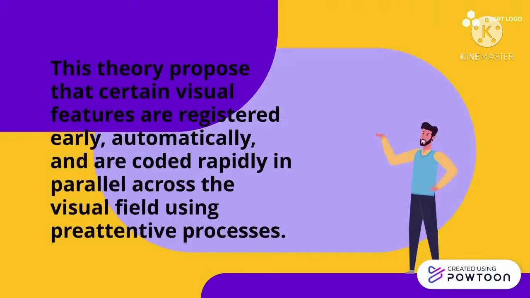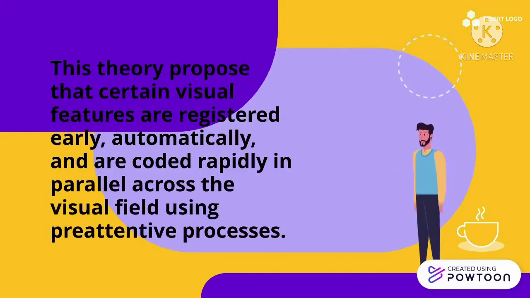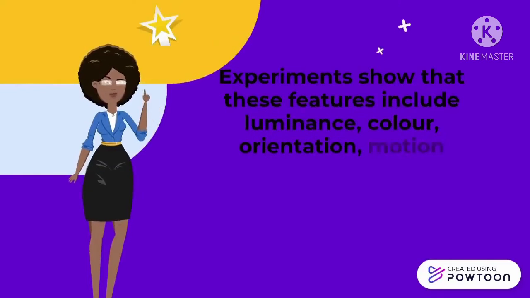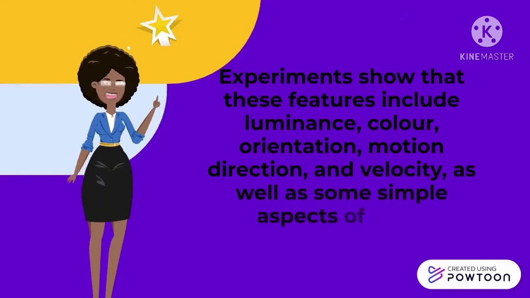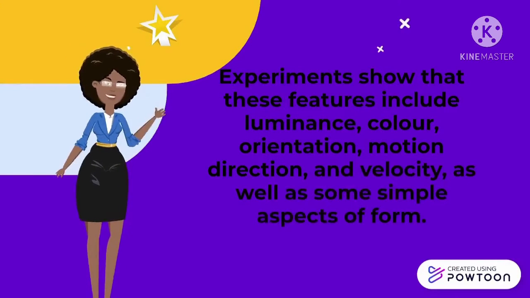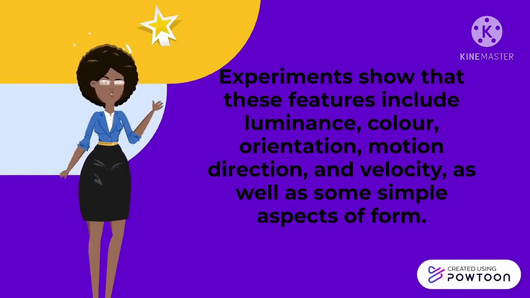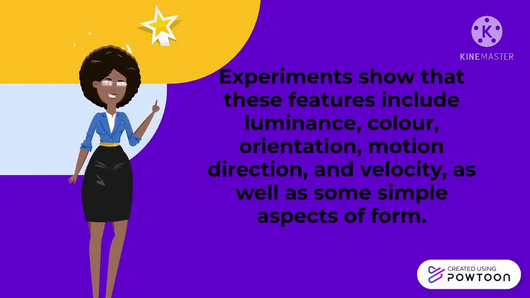This theory proposed that certain visual features are registered early, automatically, and are coded rapidly in parallel across the visual field using pre-attentive processes. Experiments show that these features include luminance, colors, orientations, motion directions, and velocity, as well as simple aspects of form.